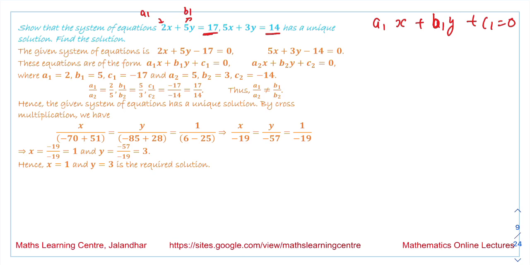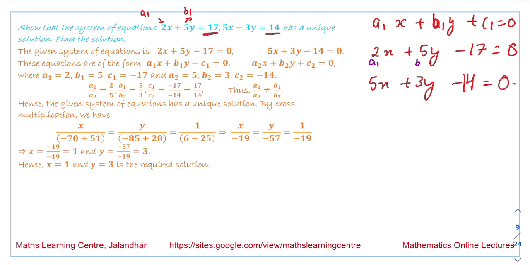So when we write this equation in this form, it is 2x plus 5y minus 17 is equal to 0, and it is 5x plus 3y minus 14 is equal to 0. These are the values of a1, b1, c1, a2, b2, c2.